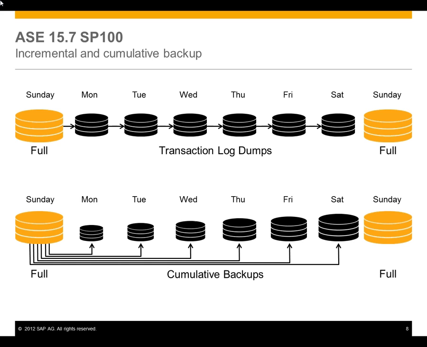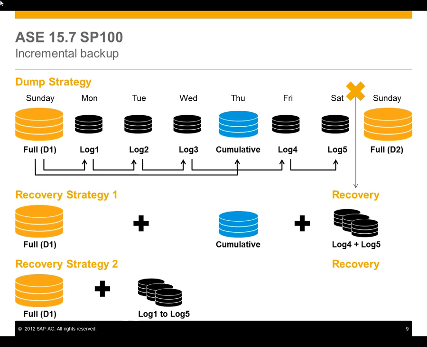If you look at the top of the chart here, what we're trying to depict is that as you take transaction log dumps, however often you take them, given a relatively steady state of volume, your log dumps are roughly the same size. But when you have to do a restore, you've got to iterate through tens or potentially even hundreds of transaction log dumps to bring your system back to a consistent state. With the cumulative backup model depicted at the bottom of the chart, we create backups of everything that has been done incrementally since the last full backup.